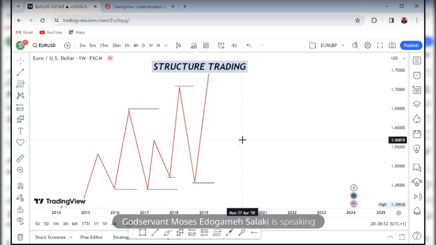It is your model that tells you price has actually aligned with the structure from the time frame you are looking at the structure. So assuming I'm looking at a weekly structure, I want to see my model play out on the 4 hours, because that is the correlating time frame.